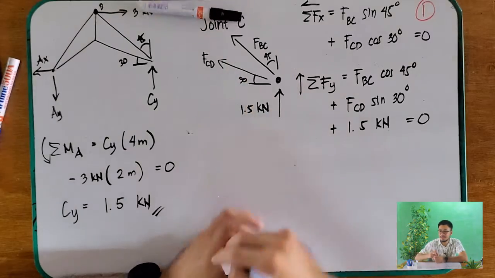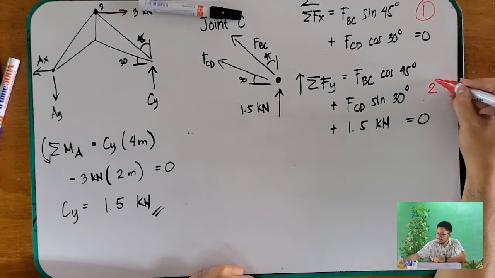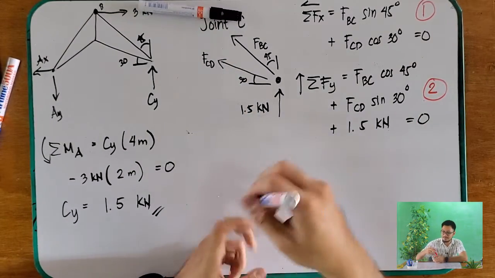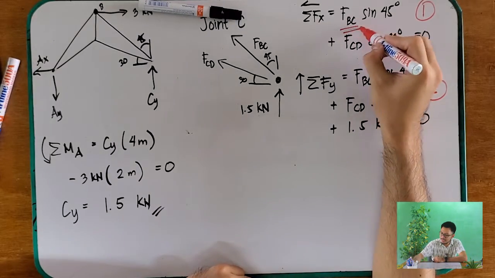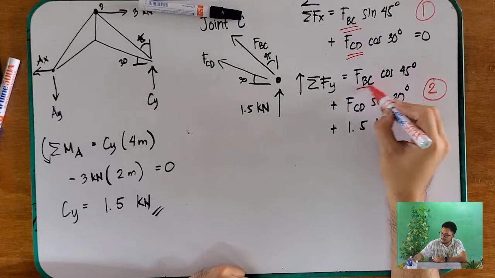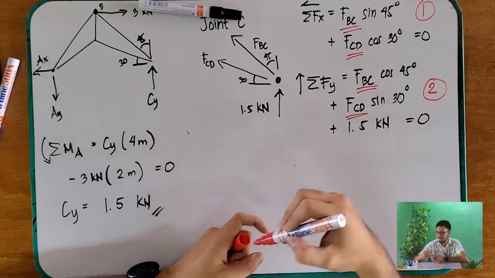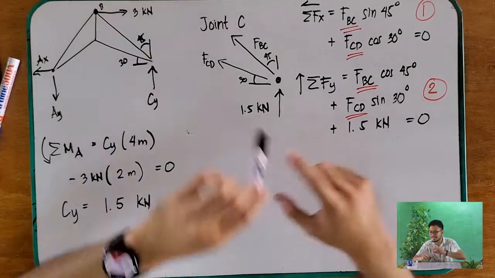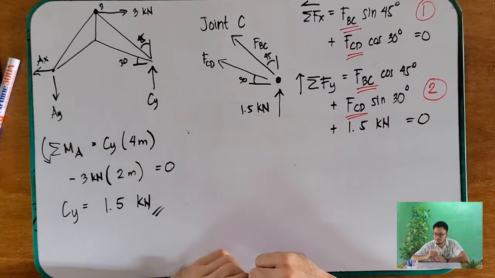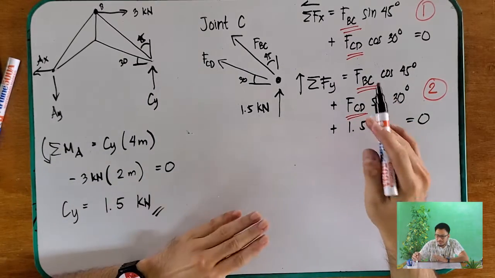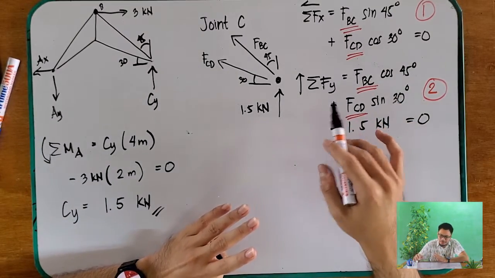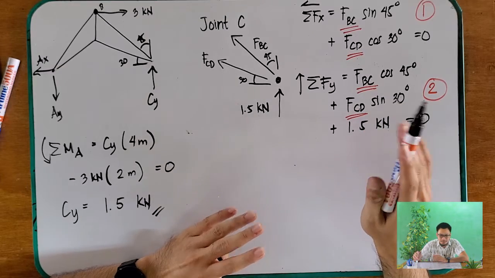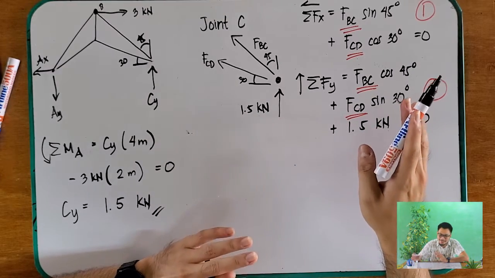And that is your equation number 2. And by having two unknowns with two equations, then you can solve algebraically these unknowns. So, you can use that one on your calculator if you know, or you can just manually solve it.